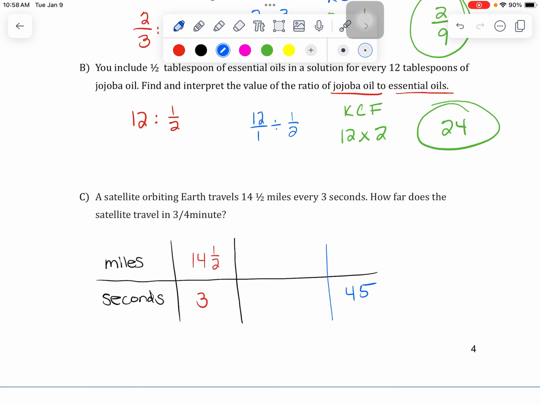All right, so in order to do that, I'm going to go from 3 to 15. So I'm going to do times 5 to get to 15. So if I do 14.5 times 5, that was 25, 22, 12, move my decimal.